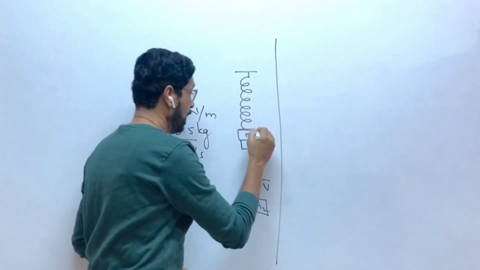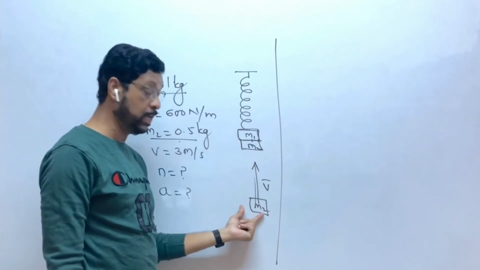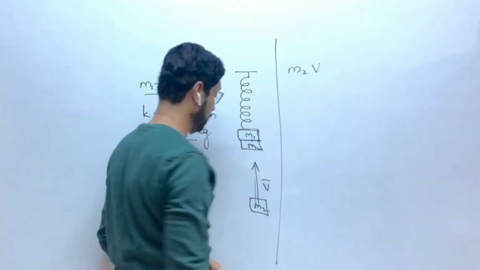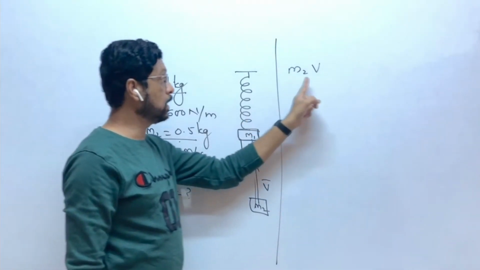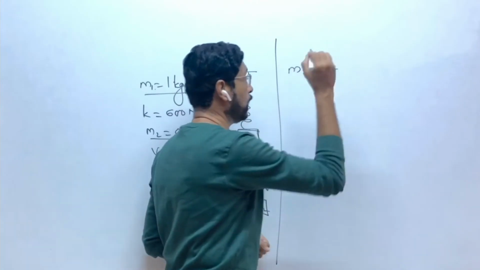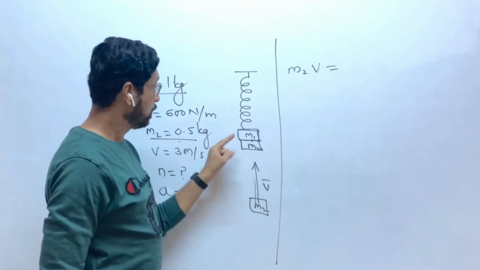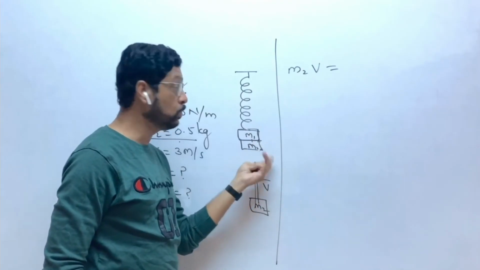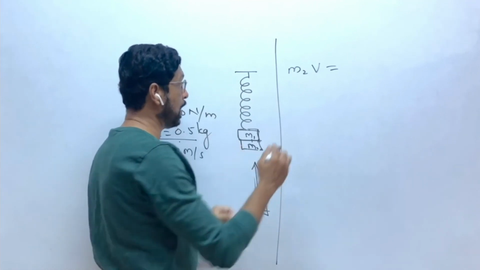Before collision, M1 was stationary, M2 was moving. So the total momentum is only the momentum of M2. So initial momentum is M2 V, the mass of the second body and its velocity. This is the total momentum before collision because M1 was stationary. It is equal to the total momentum after collision, which will be the combined mass of M1 and M2 into their combined velocity.